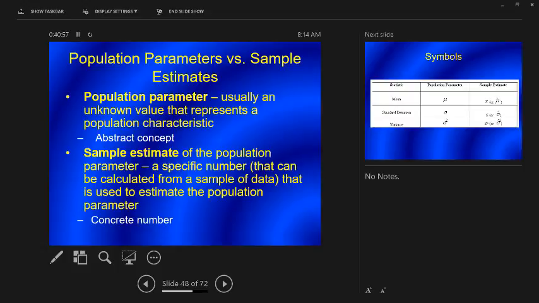So it's an abstract concept anyway, this population parameter. But you can see why it might be of interest to know the average height of males. And that's how statistics works: we take our sample and use information in that sample to make inference back to a larger population. That's the whole purpose of statistics.